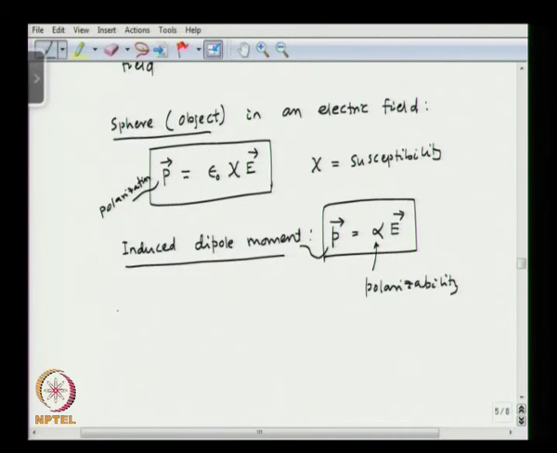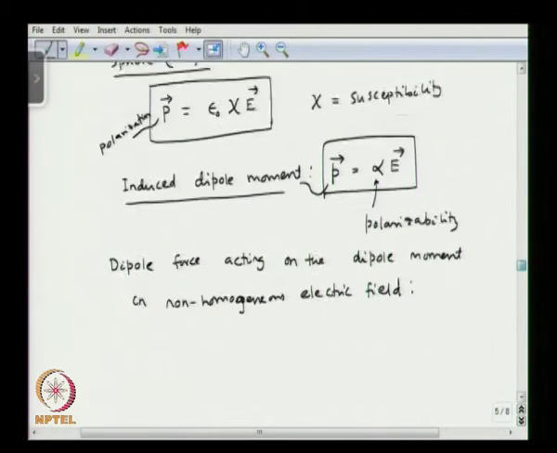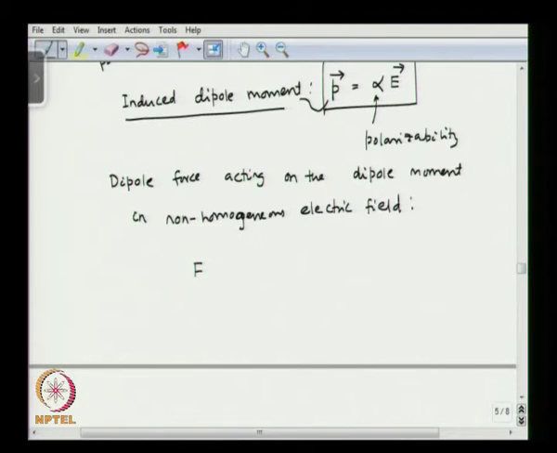Now, the dipole force acting on the dipole moment in a non-homogeneous electric field is the dielectrophoretic force, okay, equal to the dipole moment dot del into the electric field.